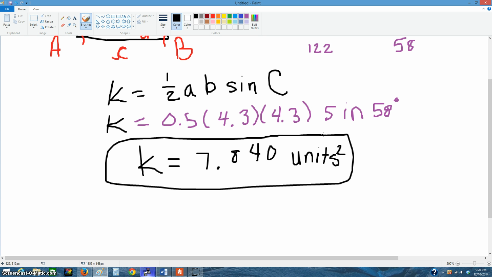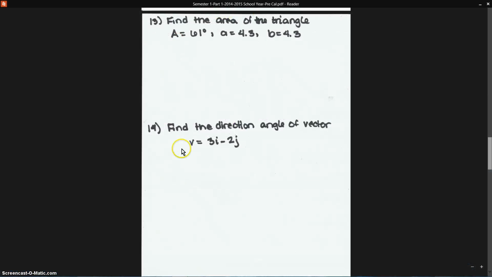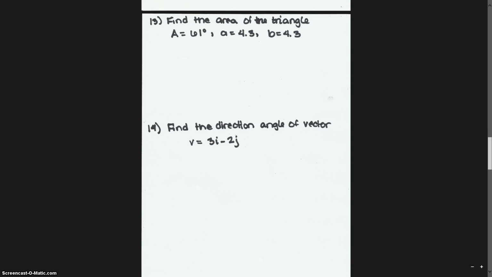Now let's go ahead and find number 14. If you look at number 14, it says find the direction angle of the vector. So let's take a look at it right quick. You're given a vector in IJ notation, so let's change that into component form.